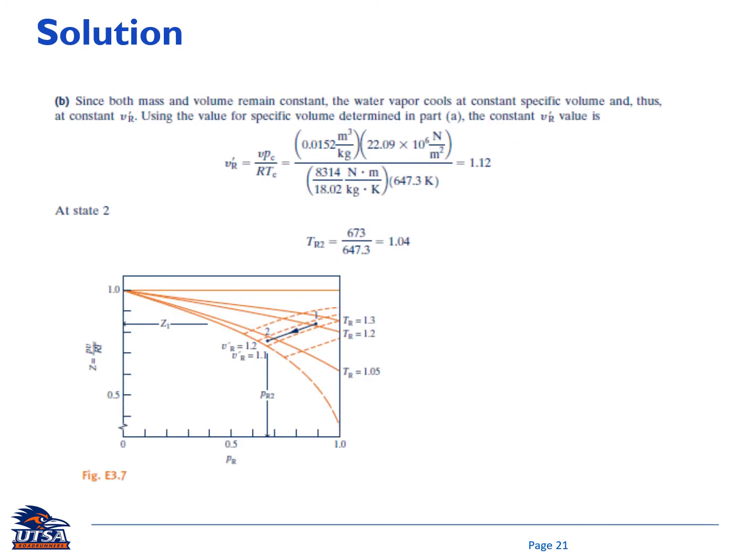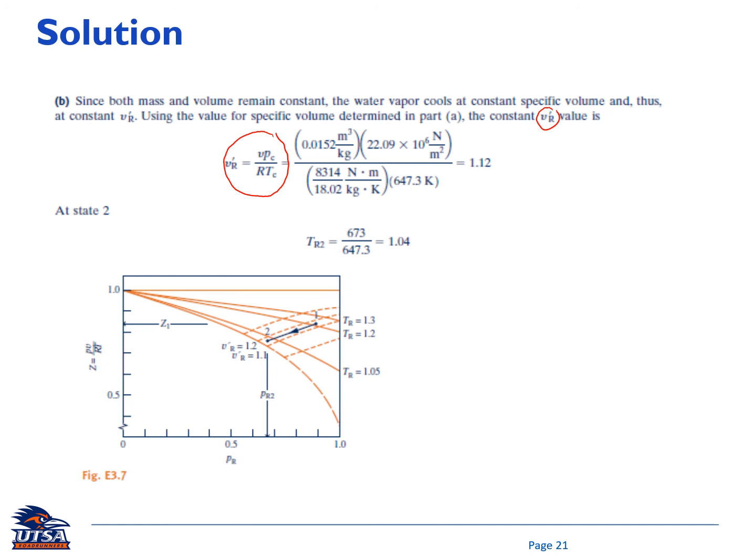The second question is, what is the pressure at the final state? So in here, we introduce one new parameter. It's called VR with single prime here. It is defined as V times PC divided by R divided by TC.